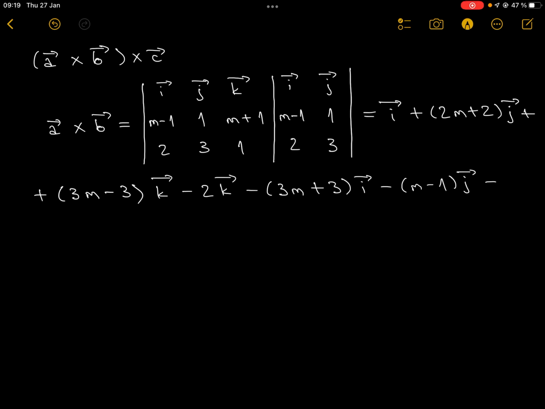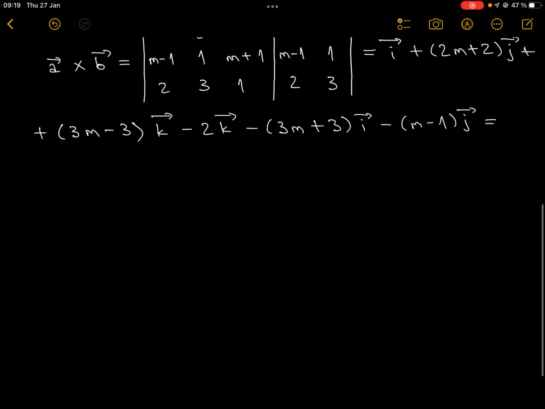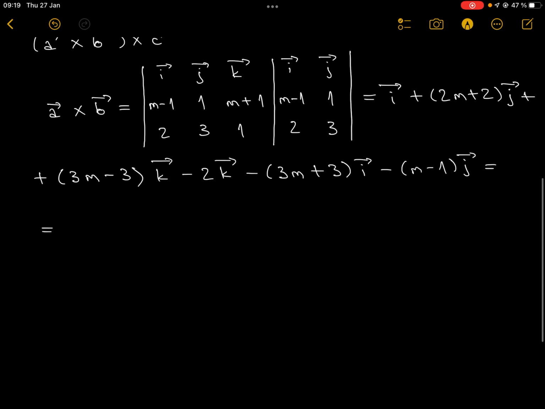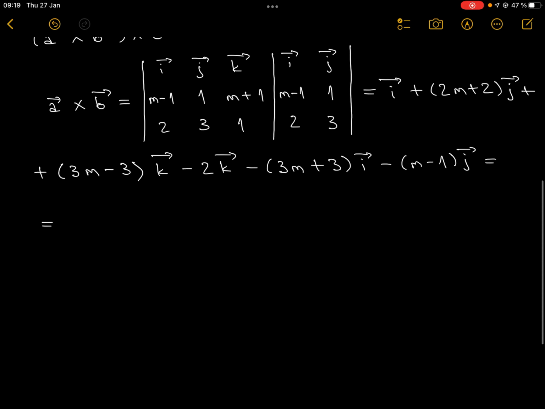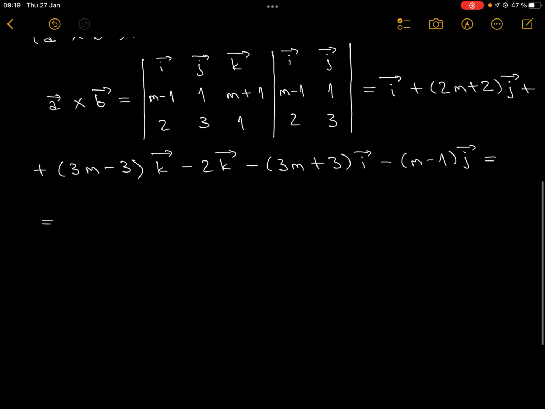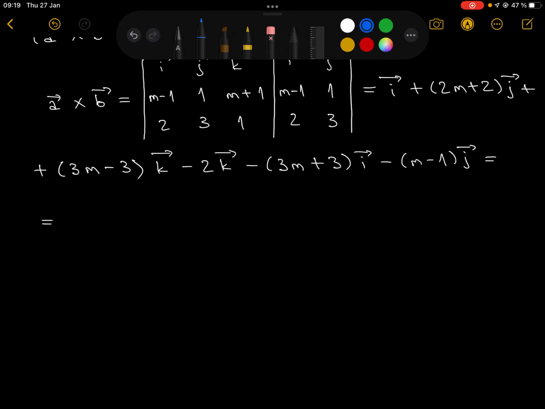Okay, now let's just rearrange this in a slightly more structured form. As always, I'm going to use colors. So we've got i here, we've got i here as well. Here we've got j, another j, and here we've got two k's right next to each other.